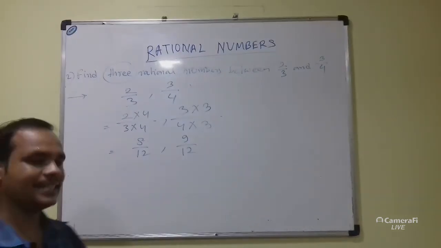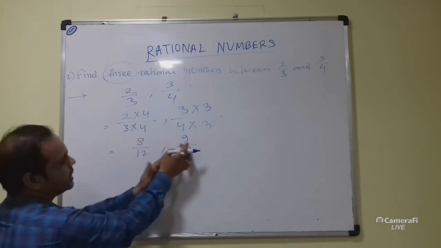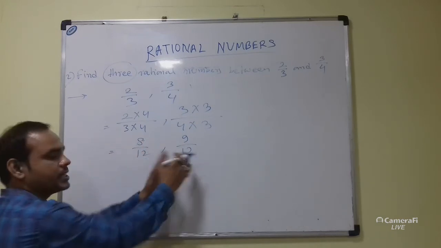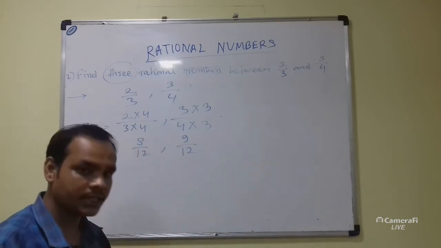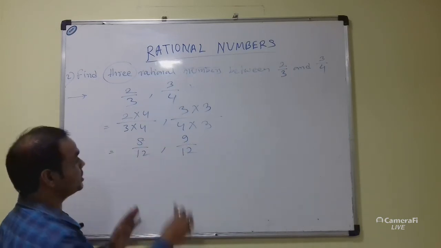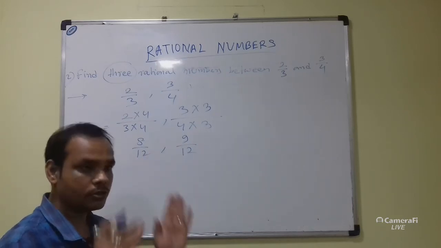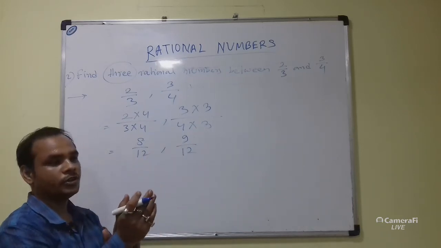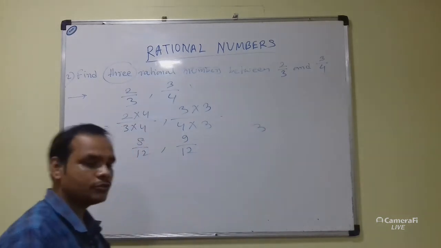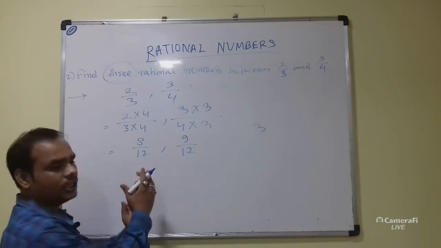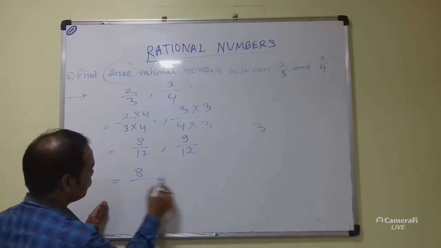But students, we have to find three rational numbers between these. Denominators are same and numerators are 8 and 9. But in between 8 and 9 there are no numbers. So to find three rational numbers, we have to multiply both the numbers by 4.